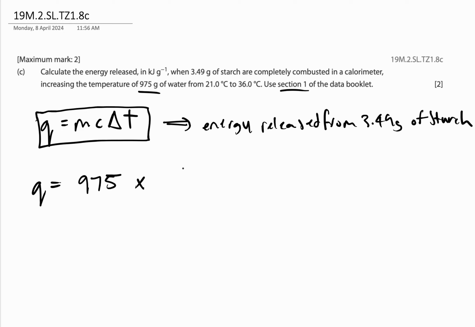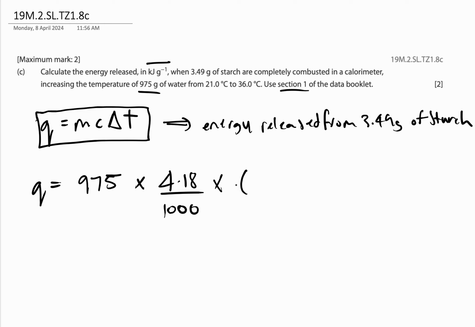Remember, they want it in kilojoules. So I'll write it as 4.18 divided by 1000, right? When you divide a number by 1000, you get it from the normal to a kilo variant. So this goes from joules to kilojoules when I divide by 1000.